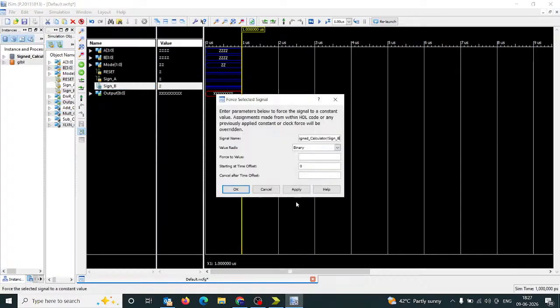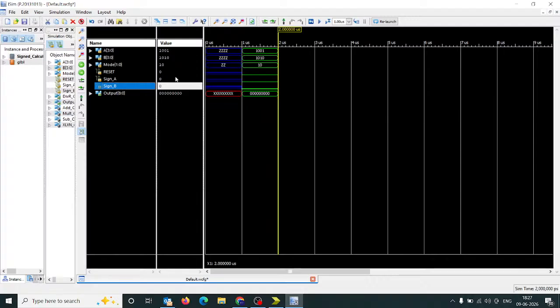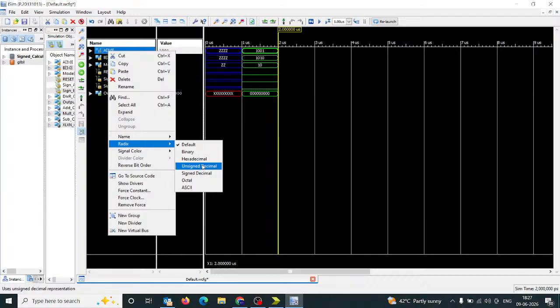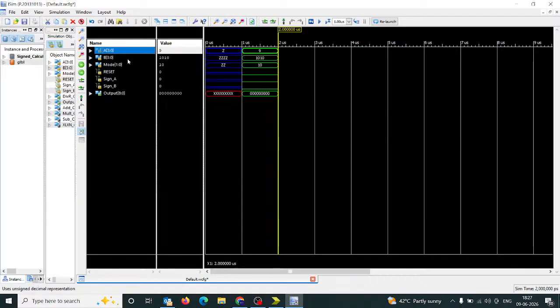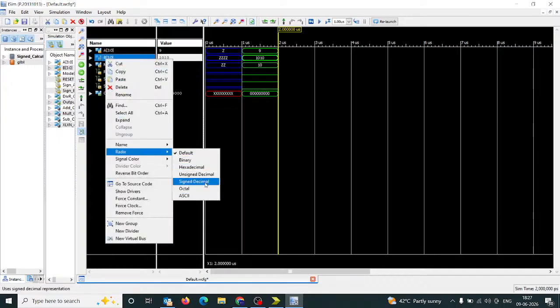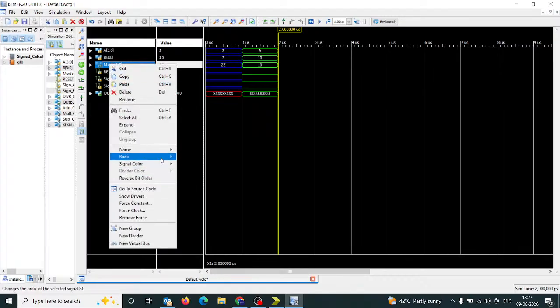Whatever I have explained earlier, I am just helping you with the result. You will see here that all my output is 0. I can change the radix from binary to unsigned decimal. Now this is 9, and this is 10. This mode is actually 10.